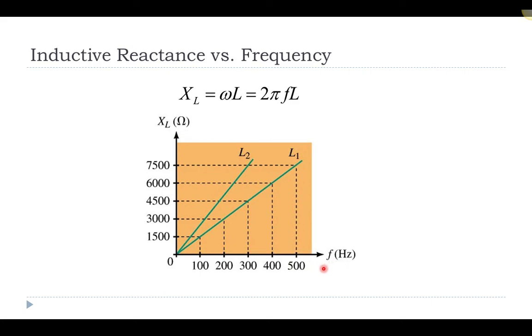So the more that the source, the current source or the voltage source, is oscillating in time, the greater the resistance is by that inductor to the current that's flowing through that circuit.